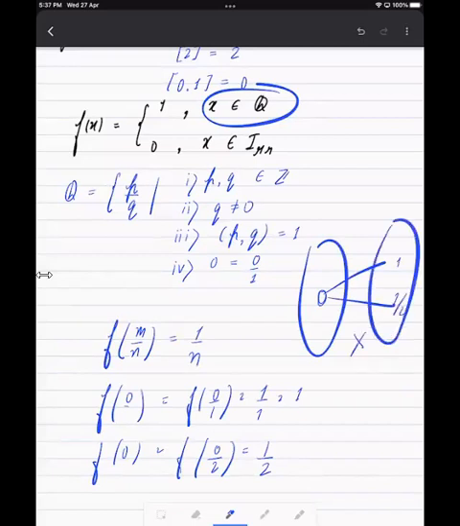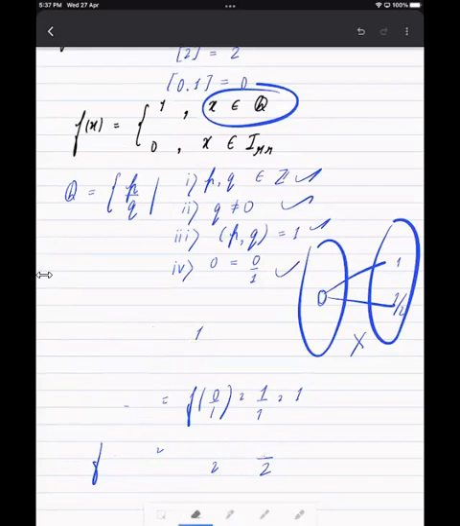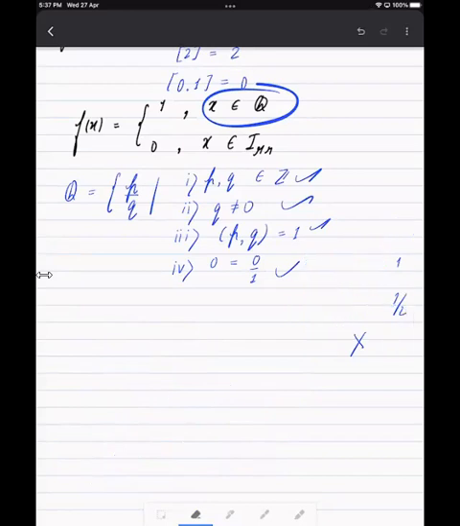So the definition has to contain all these points, and Bartle specifies it in the very beginning, whenever rational is used. So 0 can only be written as 0 by 1 when I'm considering a function. These are the 4 points.